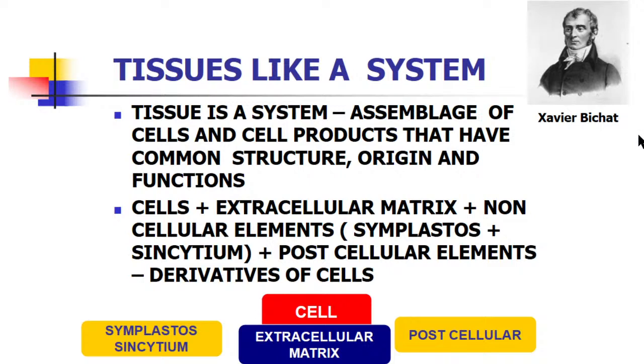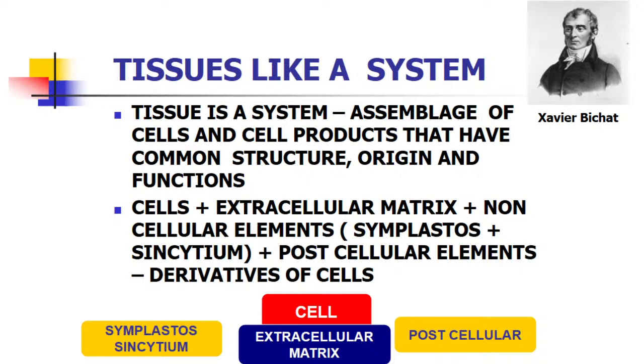He described 21 types of tissue, and used tissue as a term, a word for describing the level of tissue organization. He wrote that in a living organism, the cells assemble into tissues which resist death.